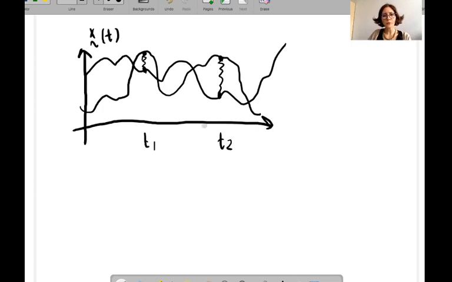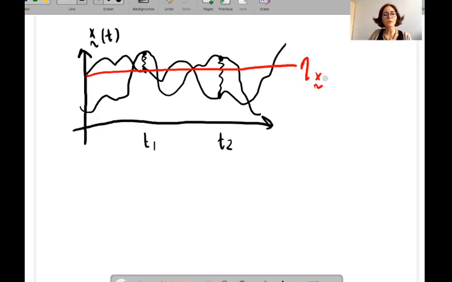But if you have a random process that is wide-sense stationary, you know that the mean function of your random process is constant. So let's say the mean function is this straight line, right? This is a constant, eta x, constant value. This is the mean of your random process.